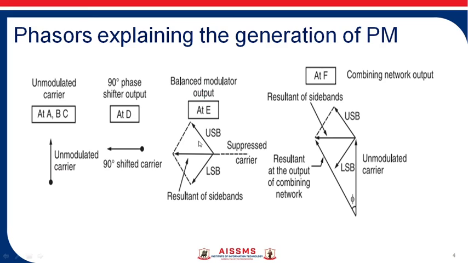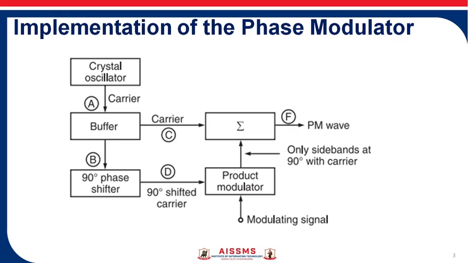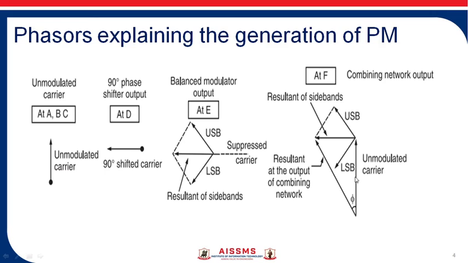At the output of the balance modulator, a double sideband signal gets generated, one is the USB and the other is the LSB, and the carrier gets suppressed. The resultant of these two sidebands you can see here. The resultant of the two sidebands is applied to the combining network, and another input of the combining network is the carrier.